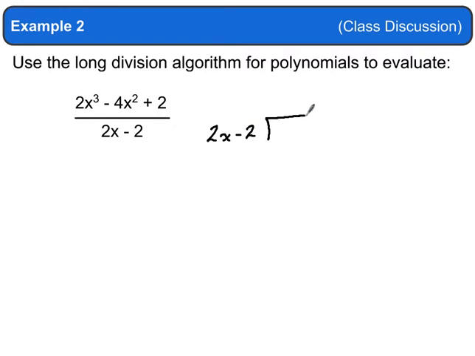We're going to write our divisor bar, and we're going to write 2x to the third power minus 4x squared, and then plus 2 in that design.